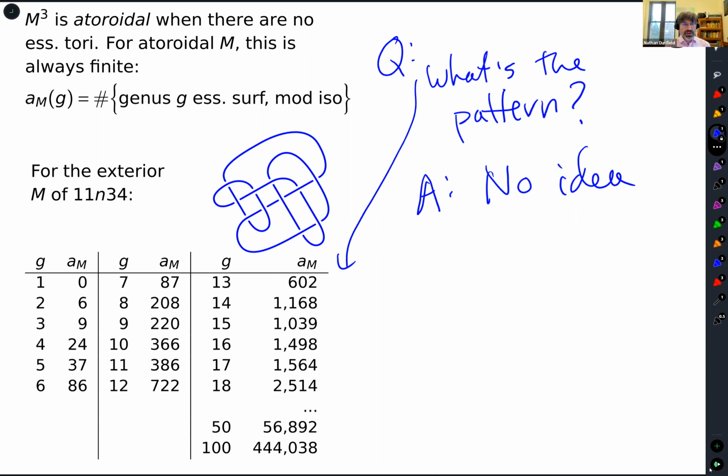So far, we don't know what the pattern is that these represent. Now you might think this is going to be a brief talk, but I would still have to tell you how I computed these numbers in the first place. I don't know what this sequence of numbers is, but there's actually a related sequence which turns out to have a lot of structure. And that is our main result.